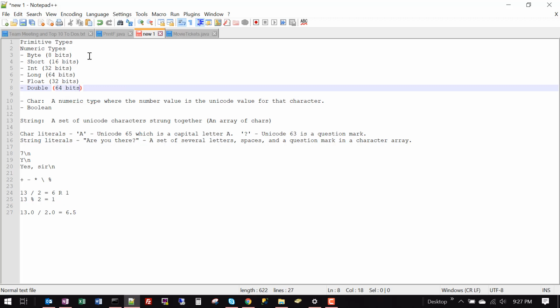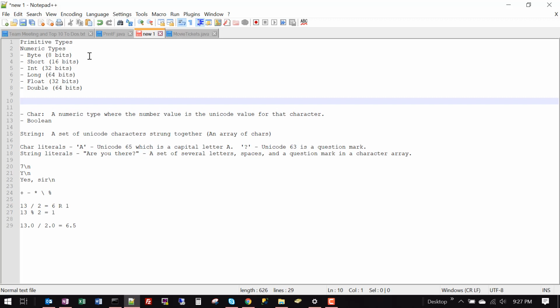So all our numeric types are no more than 64 bits in length, or 8 bytes.